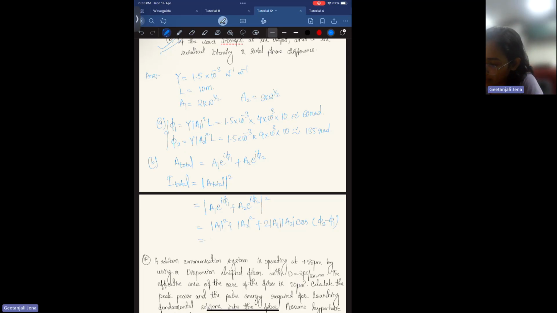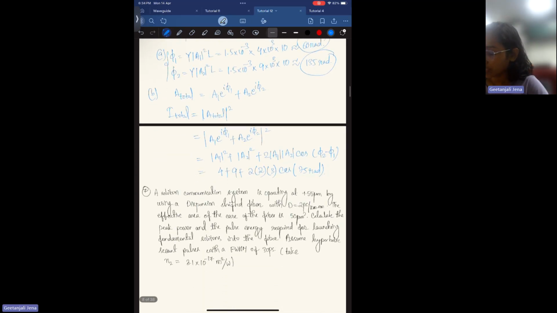Mod A1 square is 4 into 10 to the 3. Let us just consider the leading digit, as the unit will be the same for all the cases. It will be 4 plus 9 plus 2 times 2 times 3 cos of phi 2 minus phi 1. We have already calculated phi 2 at the output as 135 and phi 1 as 60, so phi 2 minus phi 1 will be 75 radian. So this will be the resultant intensity at the output of the fiber.